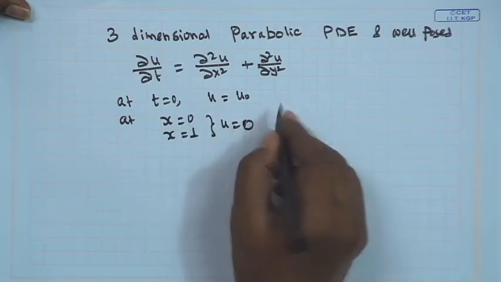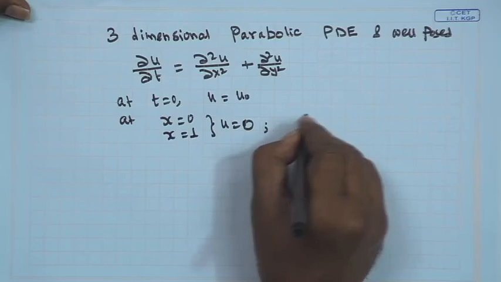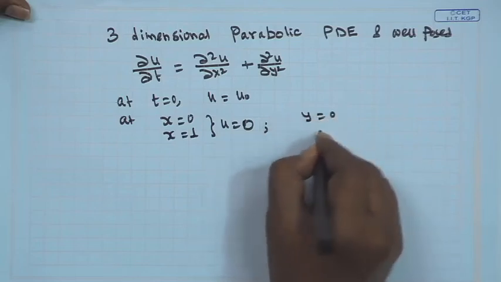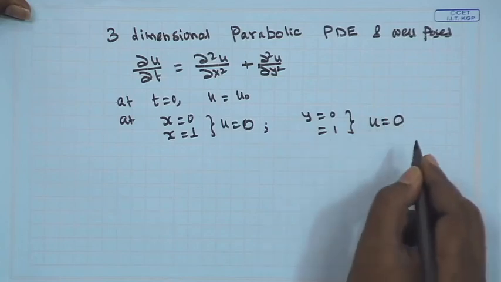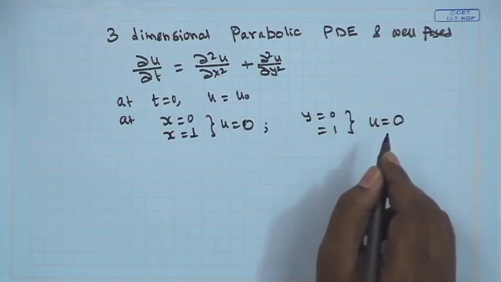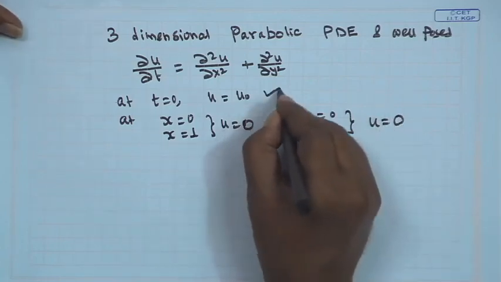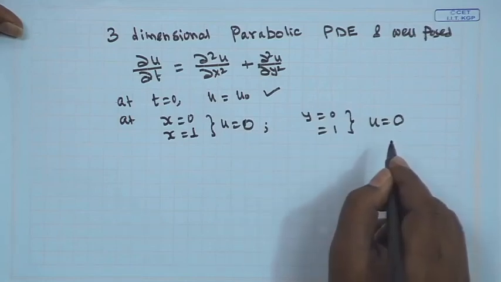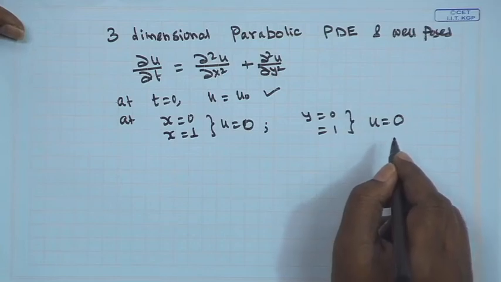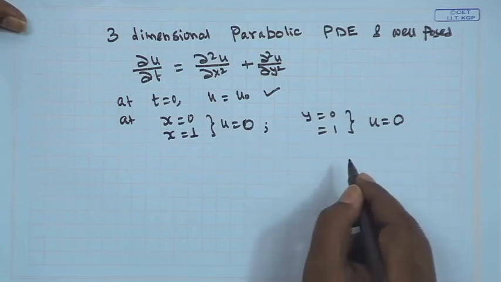All boundary conditions are Dirichlet and they are homogeneous. At y is equal to 0 and y is equal to 1, u is equal to 0. So this is a well posed problem. Therefore, you have a non-zero initial condition and all 4 boundaries, at x equal to 0, x equal to 1, y equal to 0 and y equal to 1, are homogeneous and equal to 0.